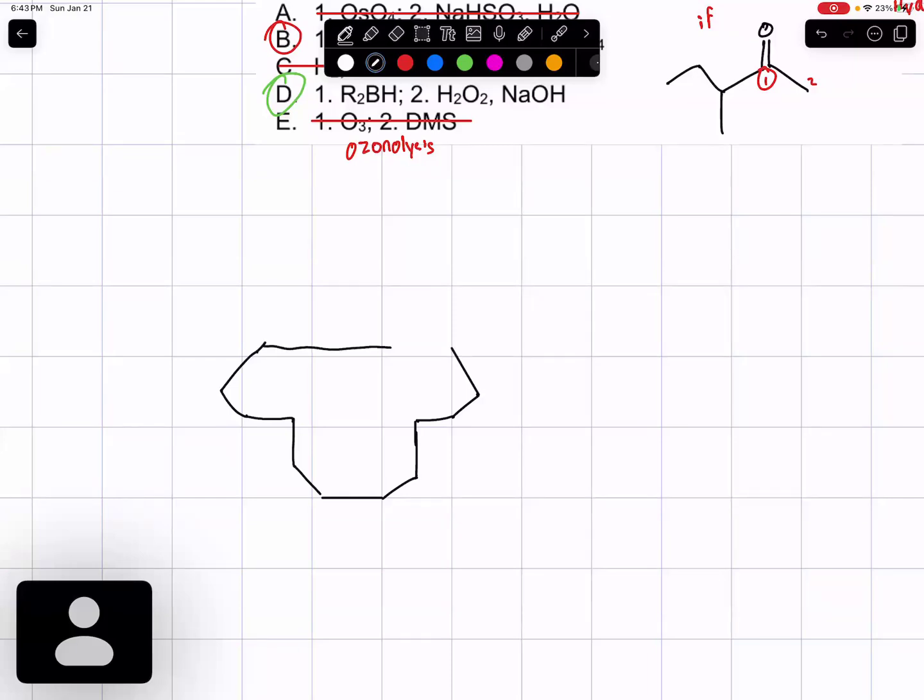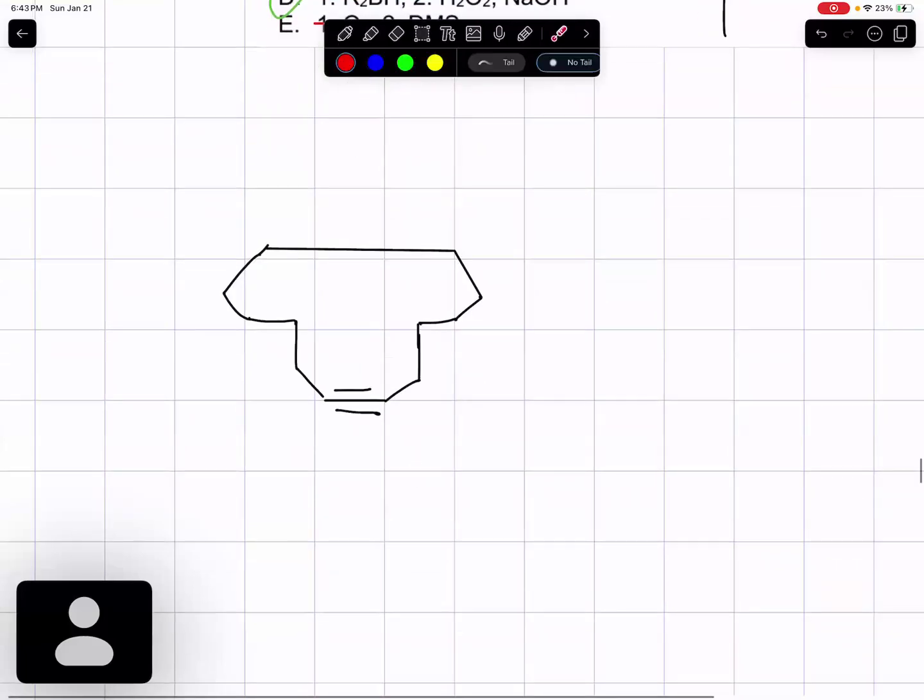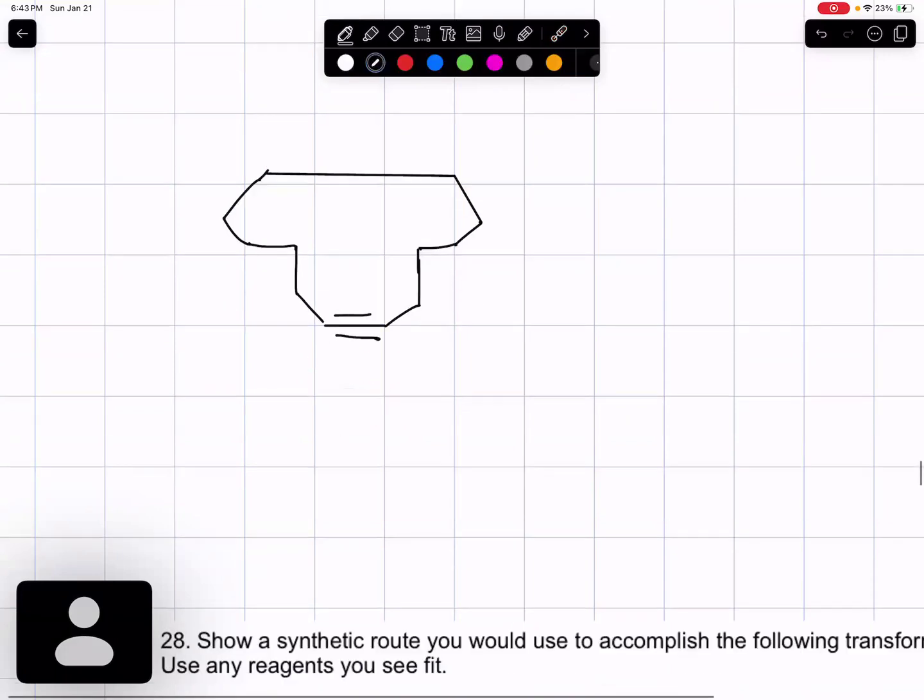All right, this is not the best looking molecule, but let's say I had something like this, and I told you I want you to make a ketone here or a ketone here. It doesn't matter what reagent you would use, oxymercuration-demercuration or hydroboration, because there's no regioselectivity.